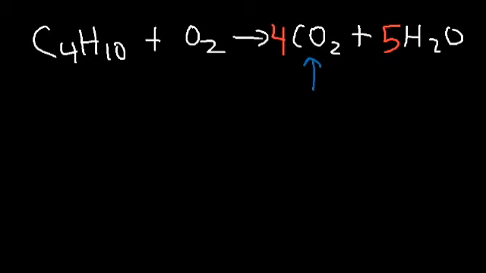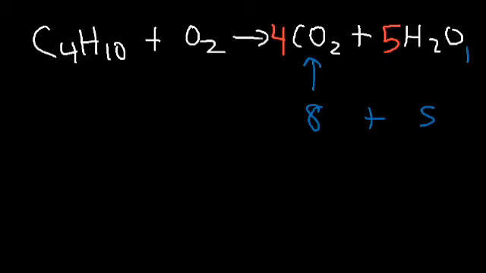So in 4 CO2 molecules, we have a total of 8 oxygen atoms. 4 times 2 is 8. In the 5 H2O molecules, we have a total of 5 times 1 oxygen atoms, so just 5. So we have a total of 13.